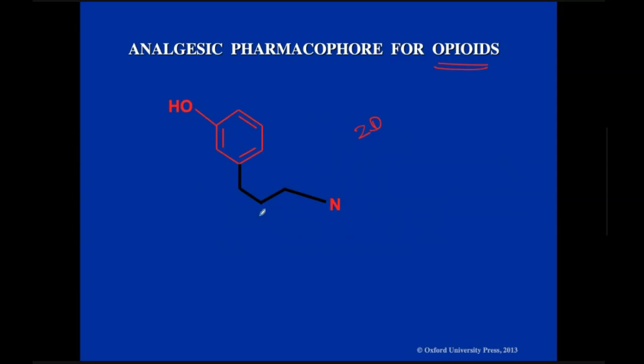So this skeleton is what is called so. Three important groups are essential for its activity: OH, phenyl group, nitrogen, and the connectivity here, right? It dictates how the three important functional groups are connected. So we can say this is the 2D pharmacophore of morphine. So far, is it understandable?